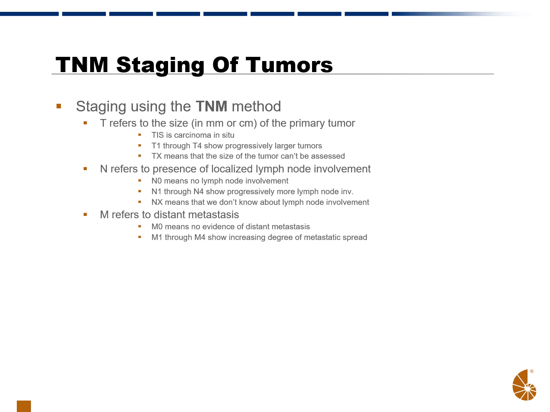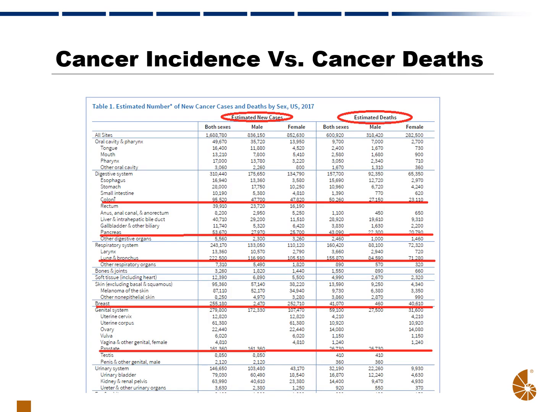N0 means no lymph node involvement. N1 through 4 is progressively more lymph node involvement. And then M refers to metastasis. M0 means no evidence of distant metastasis, and M1 through M4 shows an increasing degree of metastatic spread.